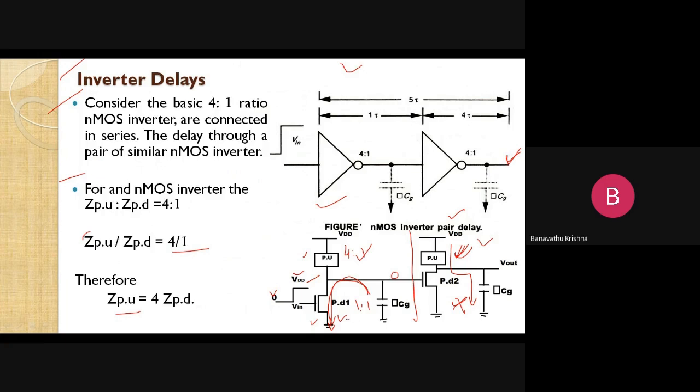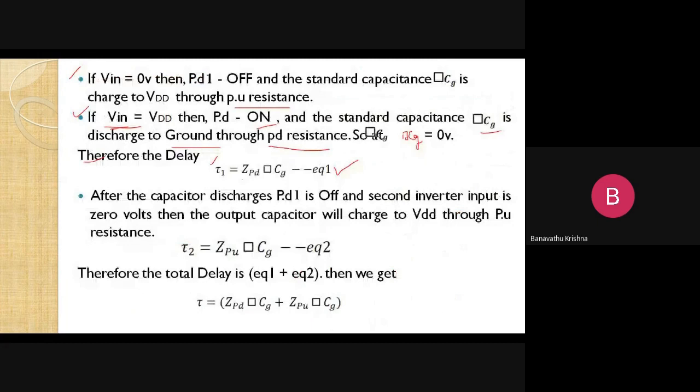So this is Z pull down into square CG, nothing but tau 1, right? Here the Z pull down I want to represent with RSN, the sheet resistance value for N channel.